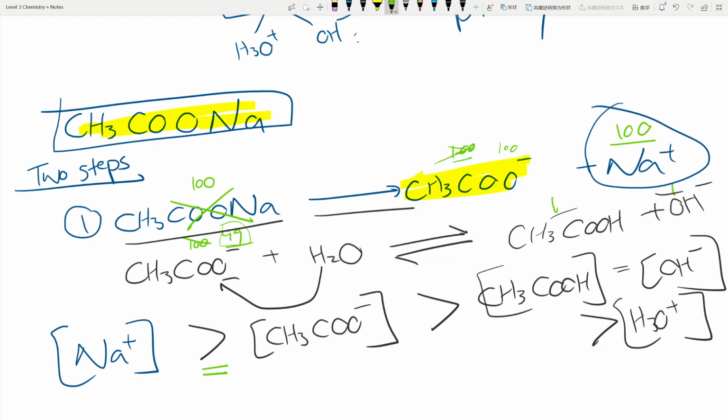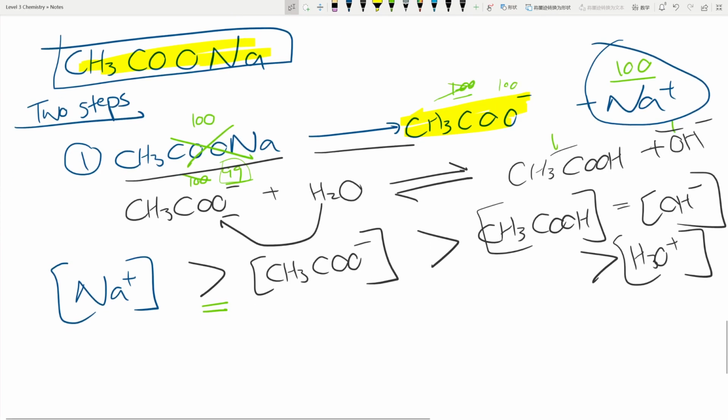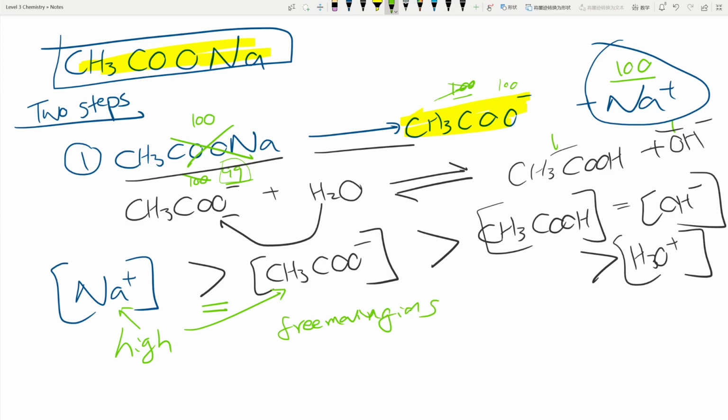Let's summarize this. From what we got, we know we have a high concentration of this and this, which are free moving ions. What does that mean? That means we have a great conductor of electricity.